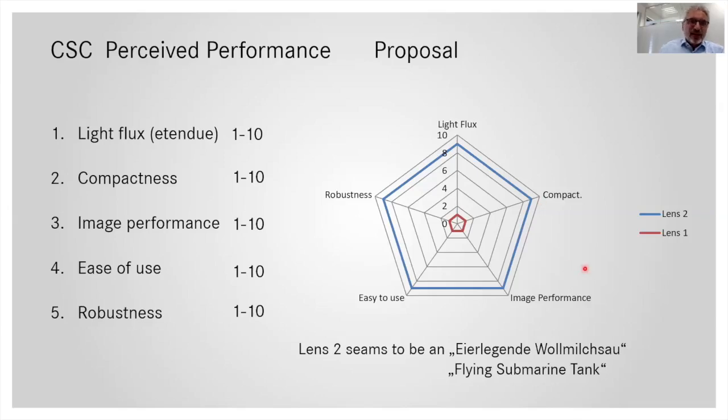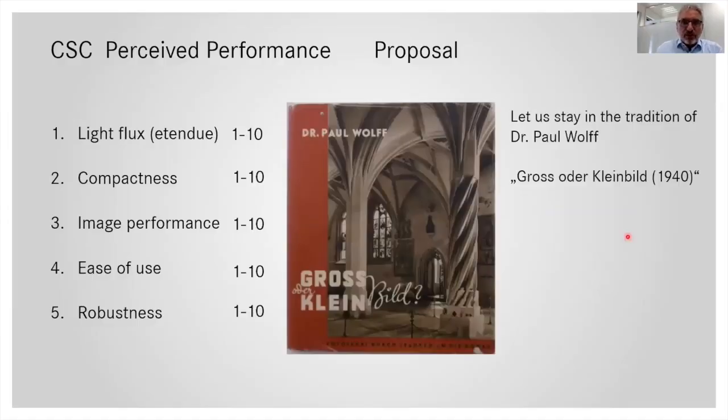In all the discussions we will have now, I would like to ask you to stay in the tradition of Paul Wolf. Paul Wolf published a very important book. He was one of the pioneers of Leica photography, or 35mm photography, and he published a lot of books. This is, for me, one of the most important because he discussed with professional photographers and normal users what is better, large format or 35mm format.